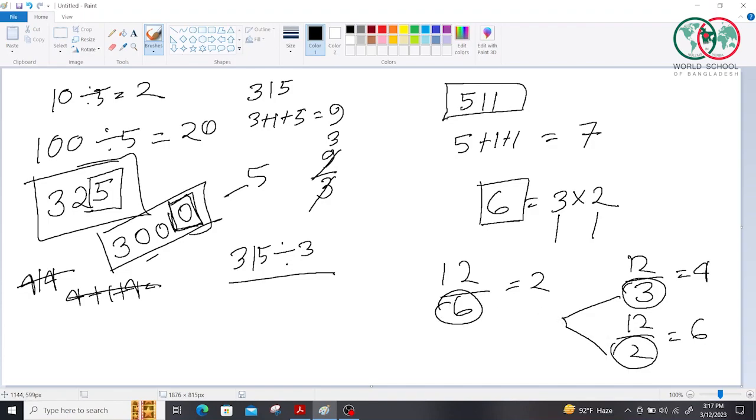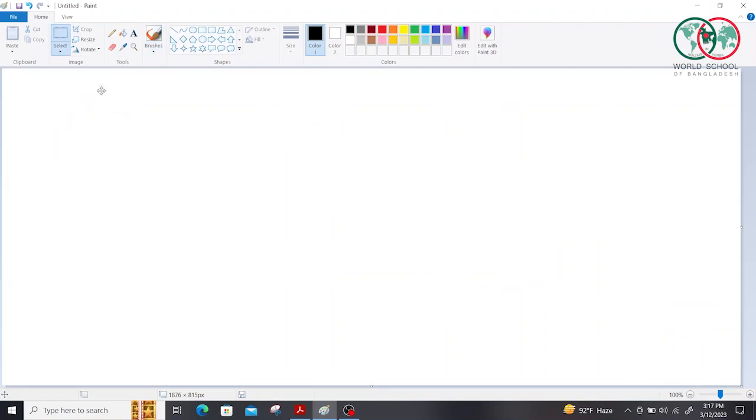Okay, so suppose we are given a number. Let me clear this section. Okay, let's take 414. Is 414 divisible by 2?